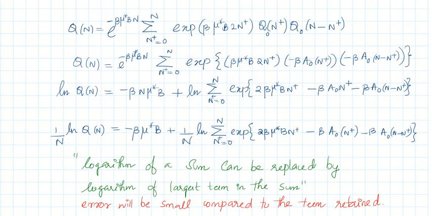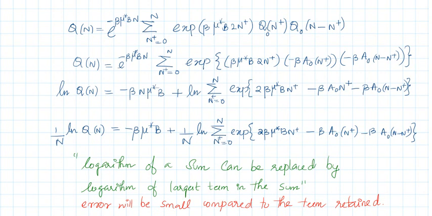Here only this factor is in the exponential. These two are outside the exponential. So we can include them in the exponential by using this curly bracket, by putting q0 as e raised to minus beta a0. So this becomes exponential of beta mu star b (2n plus minus n), minus beta a0 of n plus, minus beta a0 of n minus n plus.